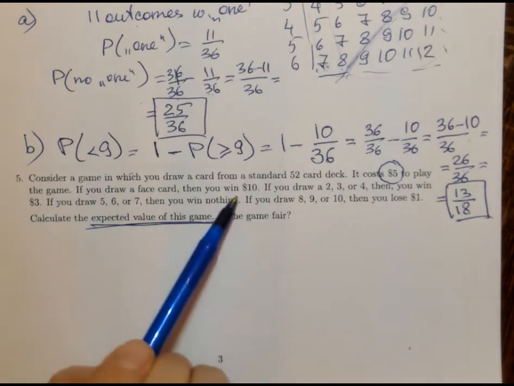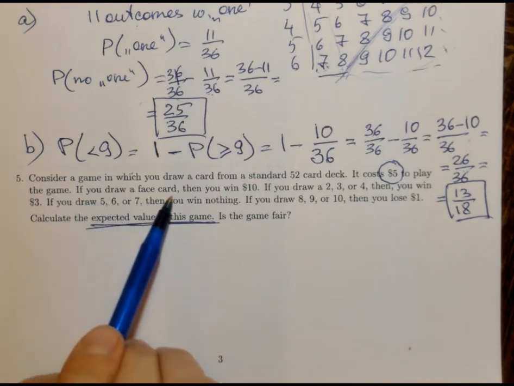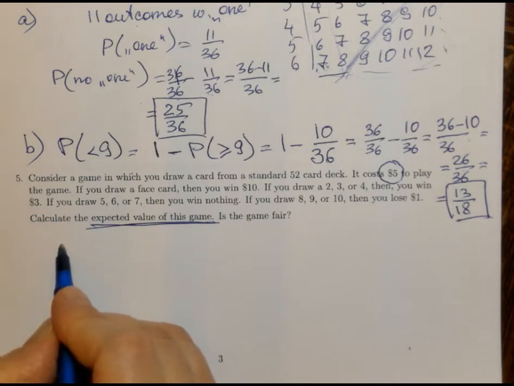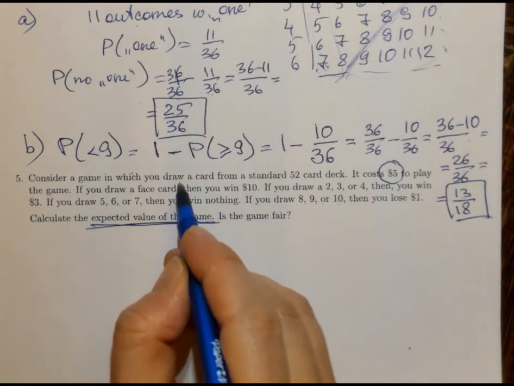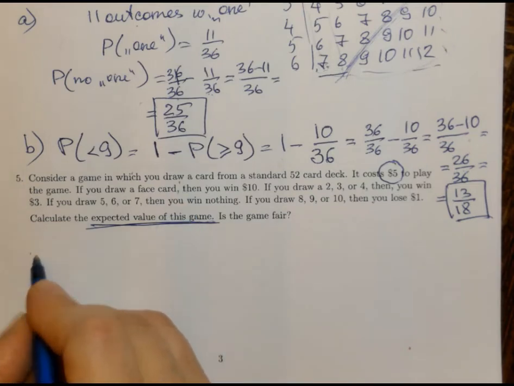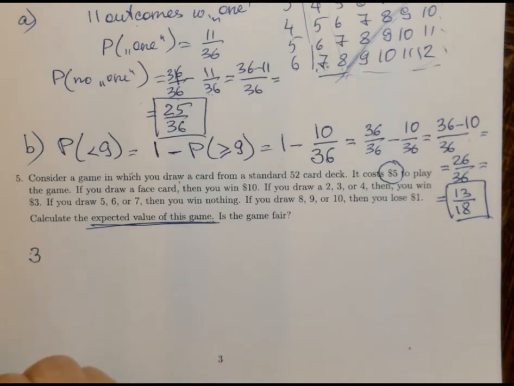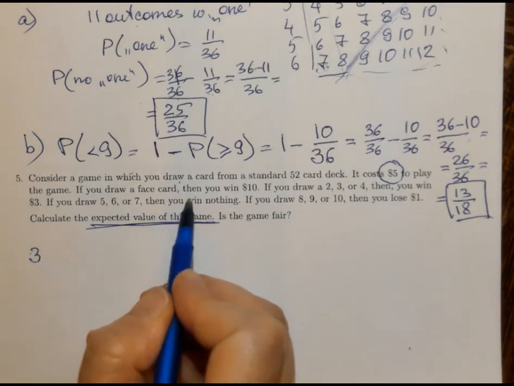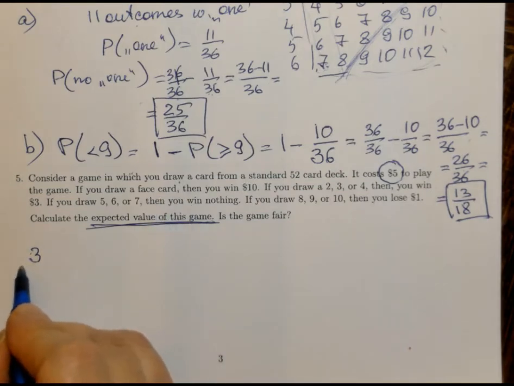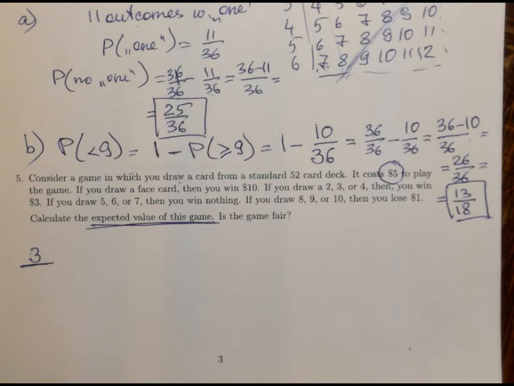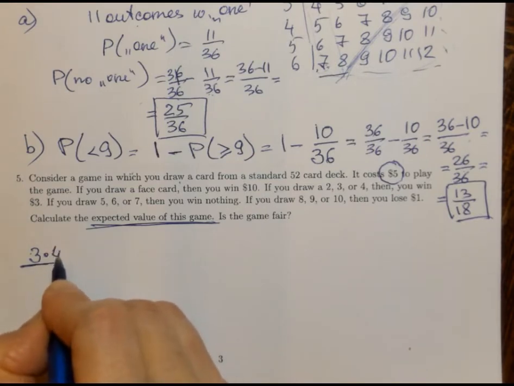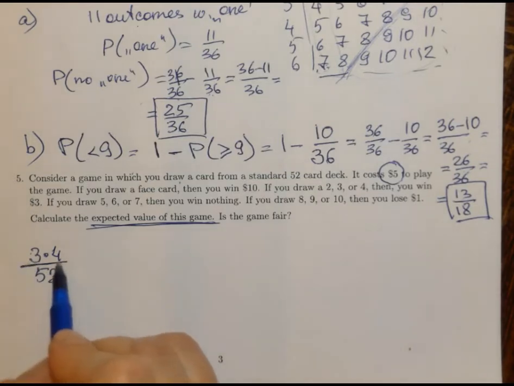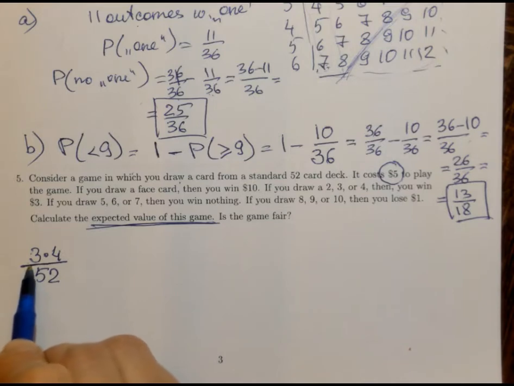So we have several situations. If you draw a face card, we have 3 face cards in each suit, so 3 times 4, 12, from 4 suits with 3 face cards in each of them.